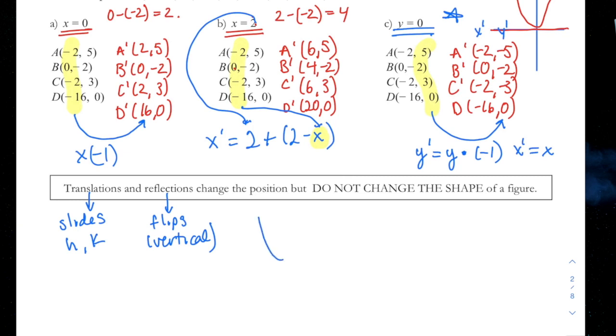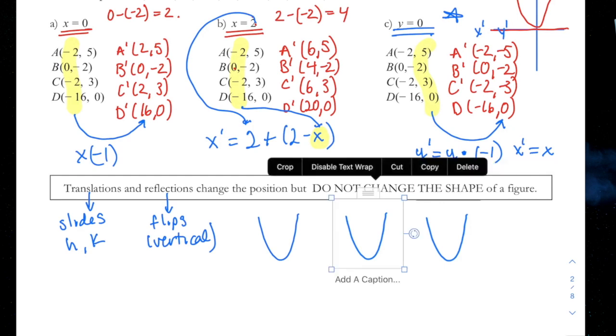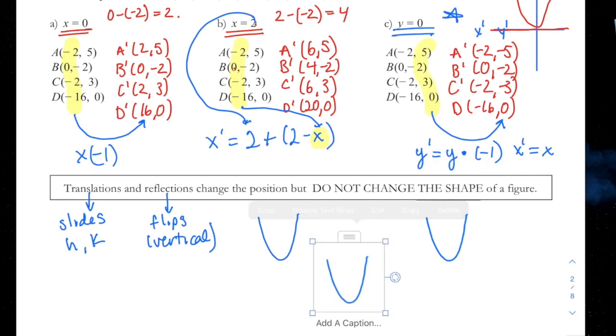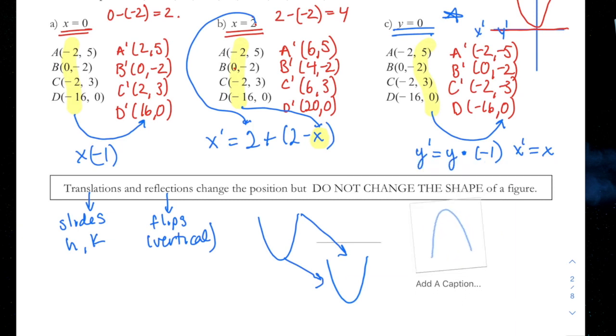So if I were to have a parabola that looks something like that, okay, so really the only thing I can do is translate it by changing h and k, or I can flip it vertically.